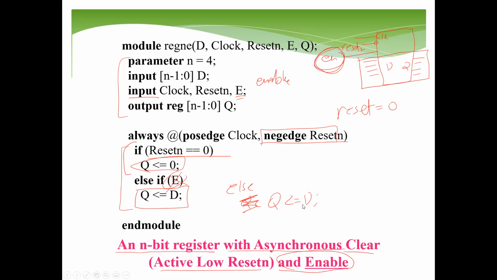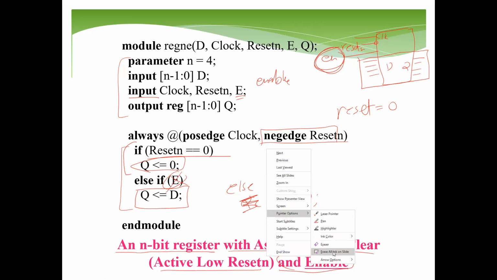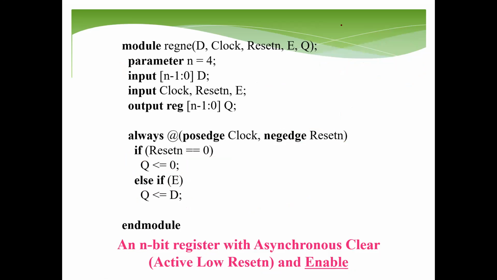If you want to implement the code equal to my explanation, so that enable affects all signals, I have to change this part to the following. I will say if enable, begin.